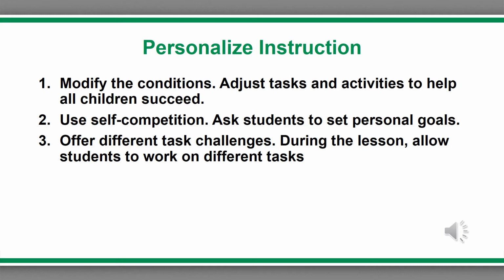Number one, I want you to know, modify the conditions. I want you to know you can adjust your tasks and activities to help all the children succeed. If the students are learning to catch, you might have some partners closer together. You might have them use a slower moving object, such as a beach ball or a balloon.